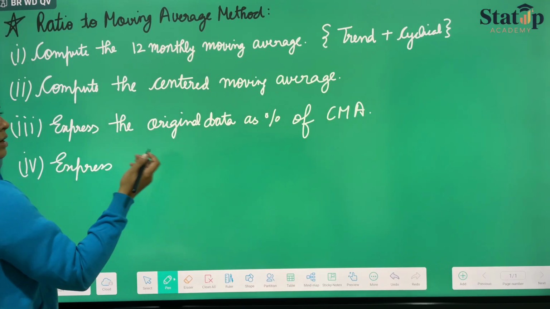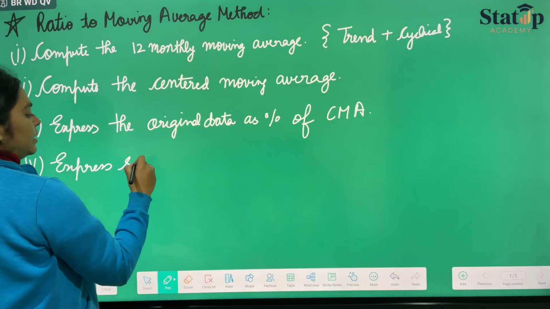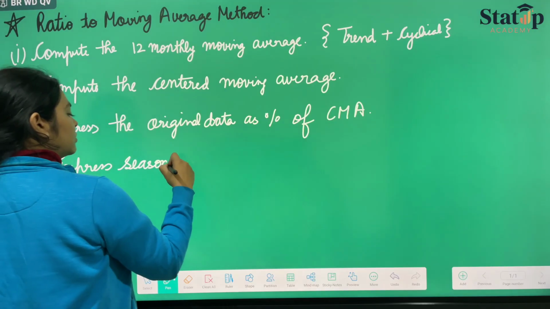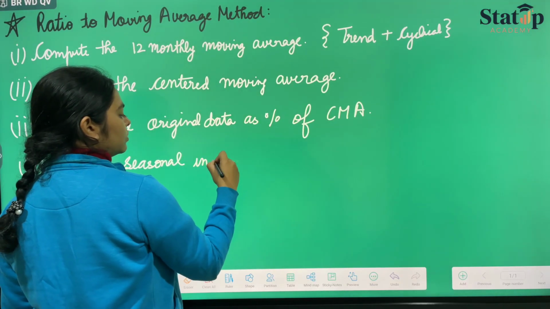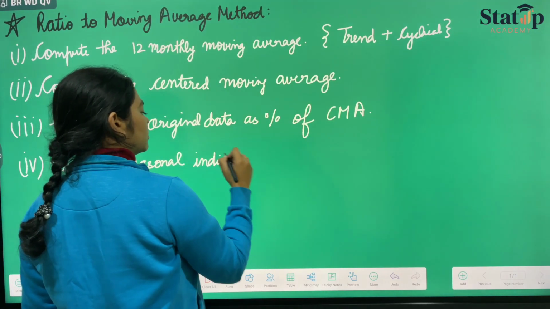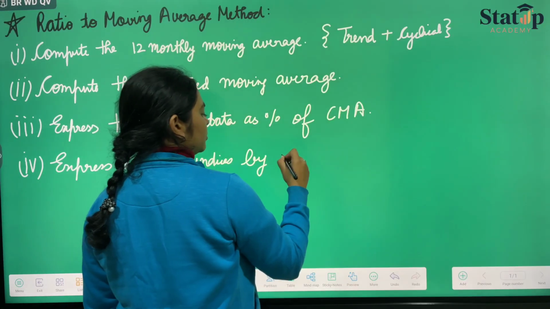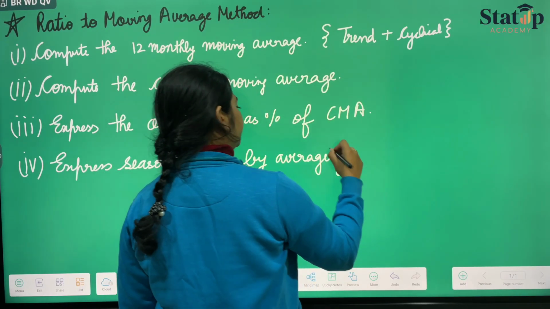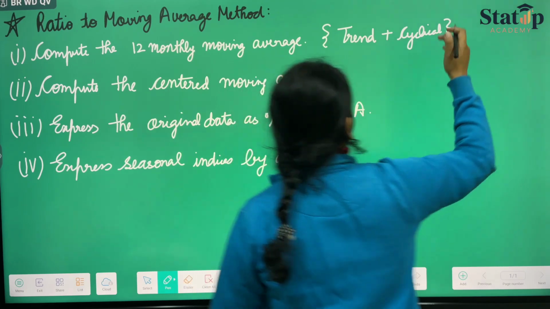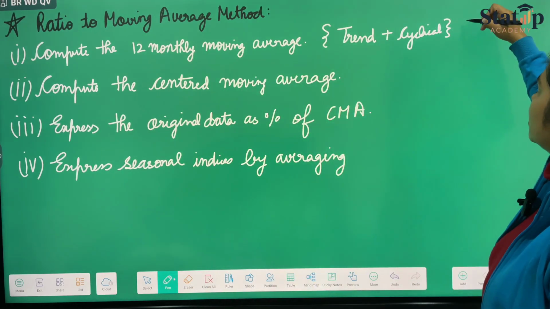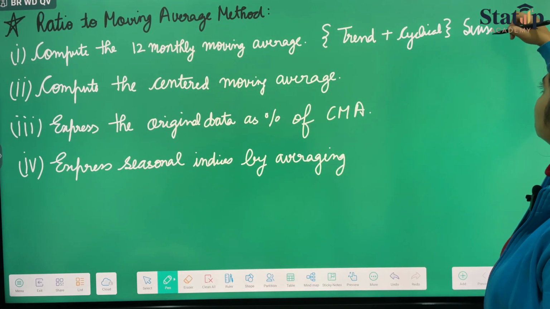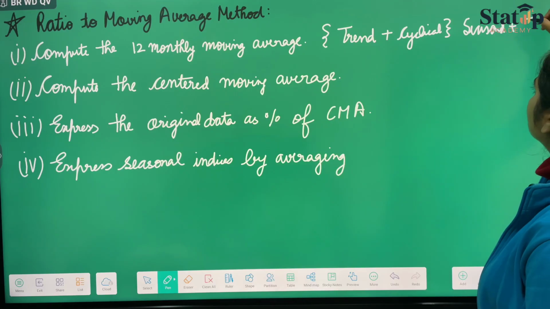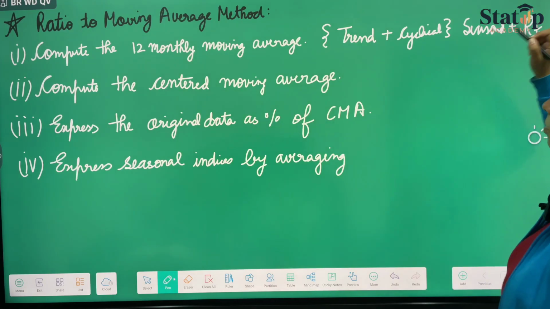and we'll get seasonal variations, express seasonal indices by averaging, and this removes. Now here we had all the parts: trend, cyclical, seasonal, plus irregular, or random component.